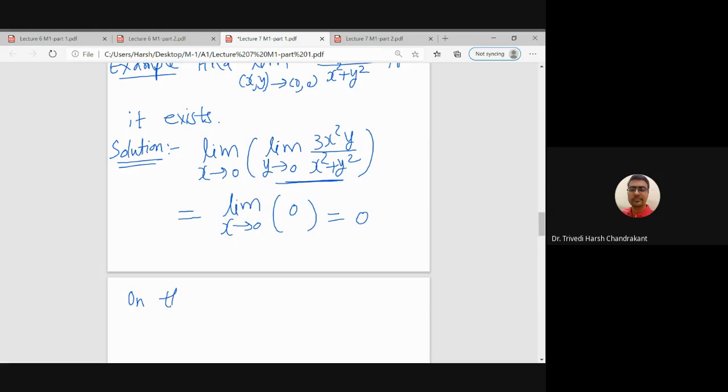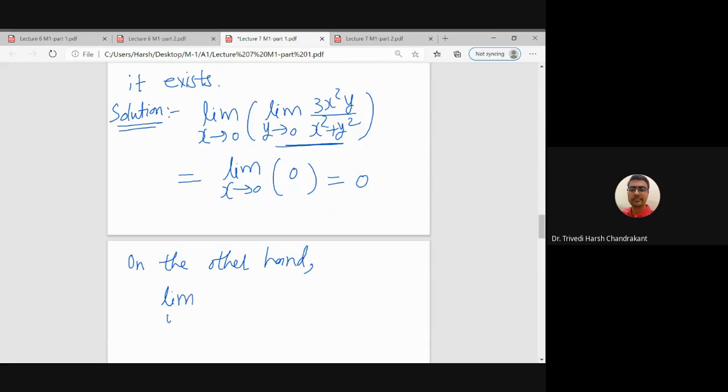On the other hand, we have the second iterated limit, that is limit y goes to 0, limit x approaches 0, of 3x square y divided by x square plus y square.